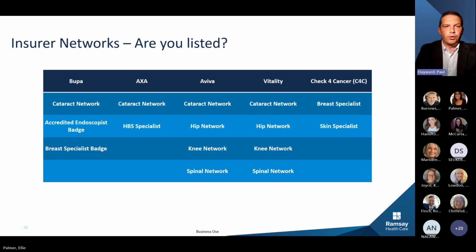So I won't go into the detail, but just want to bring this to your attention, and this slide gives you a bit of an overview of the top insurers and the different networks that they now have, and you as a consultant do need to be listed on that network to receive referrals from that insurer. So if you're unsure whether you're included or not, please reach out to your local team, your local private patient manager, who should be able to advise you.